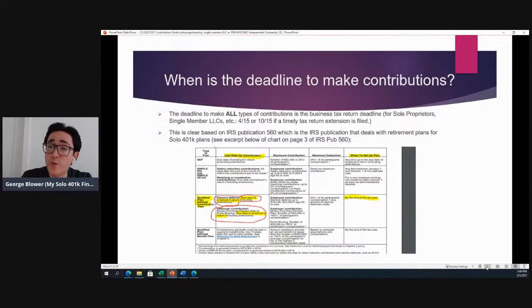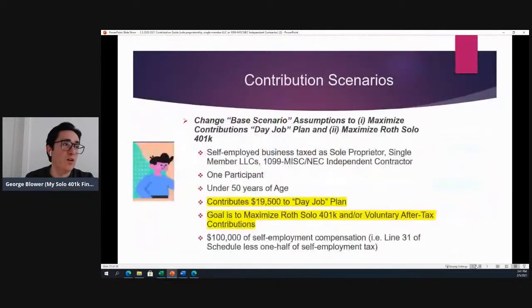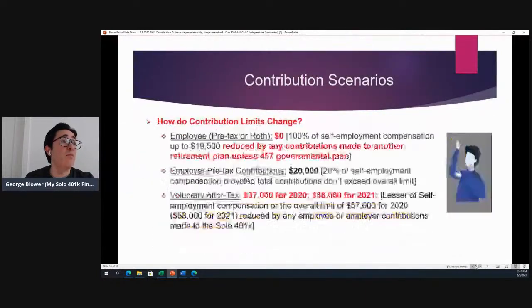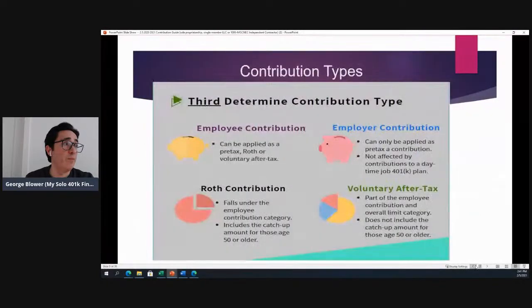So you can do 100% of that figure as a salary deferral, i.e. an employee contribution, up to $19,500 or $26,000 if you're 50 or older, assuming that you did not make any contributions to another 401k plan, like through a day job.